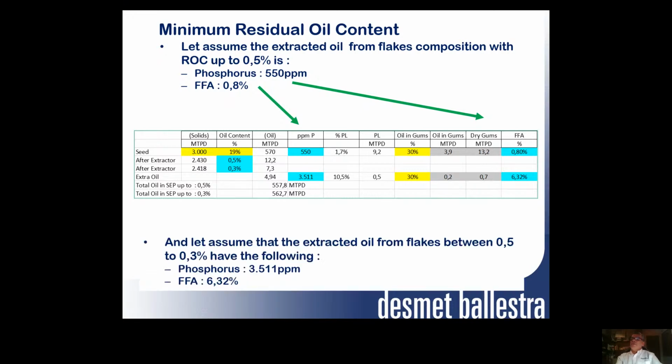But when we go further in extraction and get 0.3, a limit, by the way, in a realistic extractor, we will get much more phosphorus, 3,500, but also much more free fatty acid, up to a level of 6.32%.